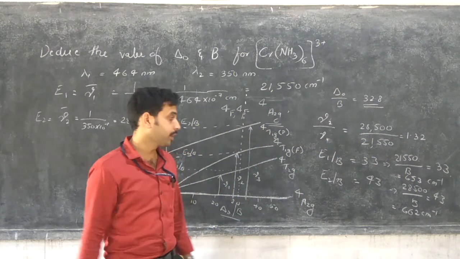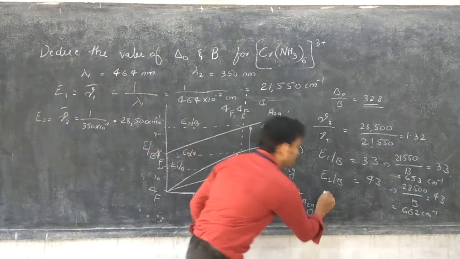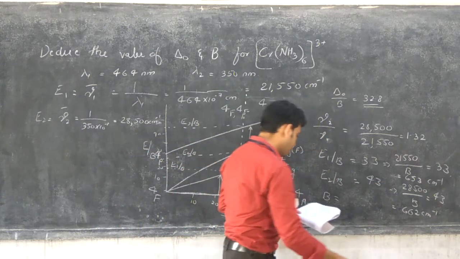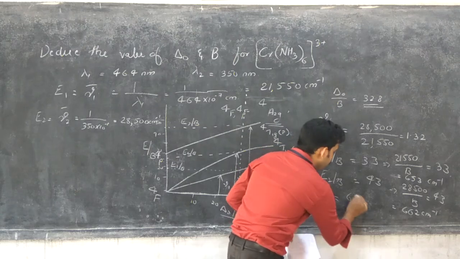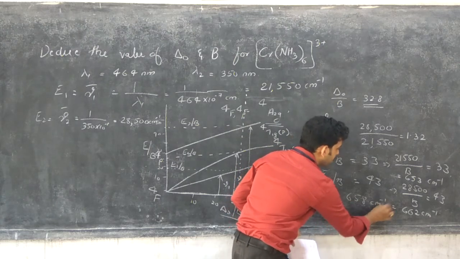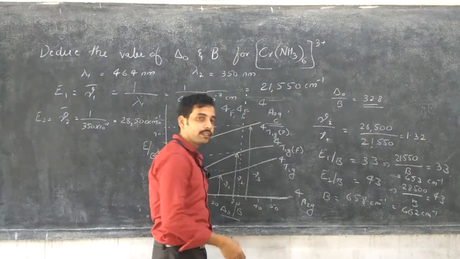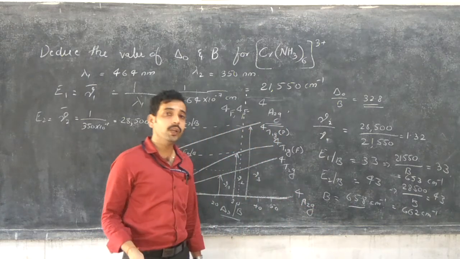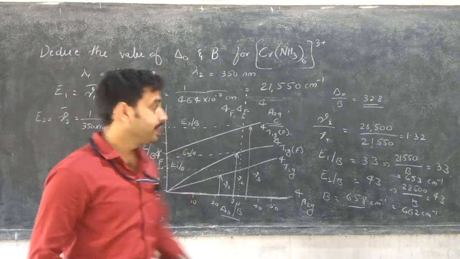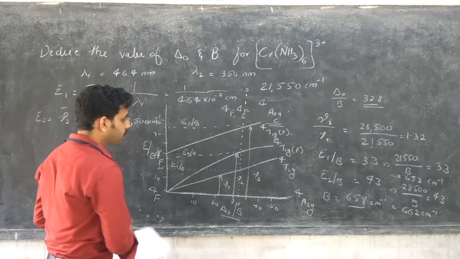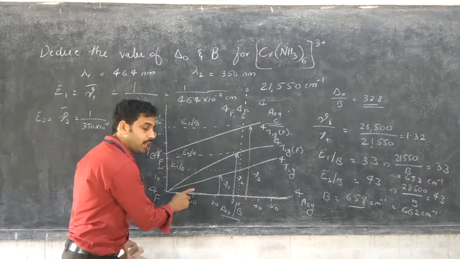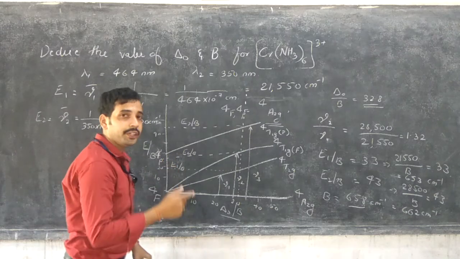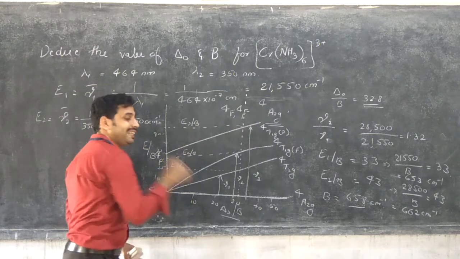The average value, B is equal to B1 plus B2 divided by 2, should be 657.5 something, so it's considered as 658 per centimeter. Once you calculate the Racah parameter B value, I just repeat because it's important for the identification of the number of transition lines and also the energy. How it's quantitatively applicable is based on these calculations.